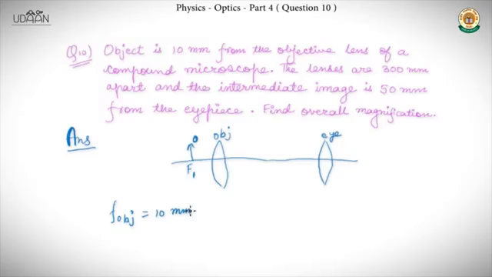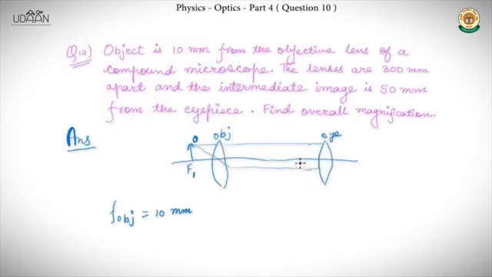Now, as the object is kept at the focus of the objective lens, the rays after striking the lens will be parallel to the principal axis. These parallel rays, after striking the eyepiece lens, will form an intermediate image which will obviously be at the focus of the eyepiece.